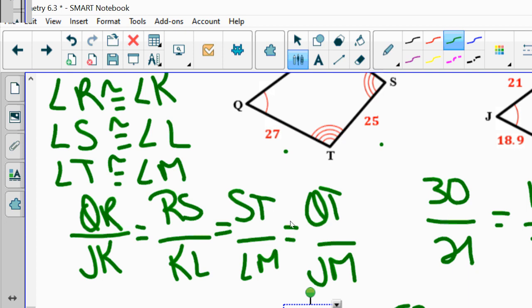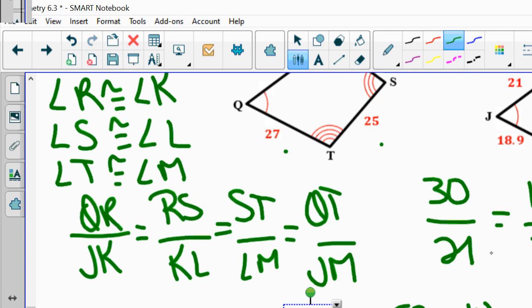Biggest number they have in common is 5, so I get 10 over 7. The last one we want to do is QT, so QT is 27 over JM, 18.9. I need to get rid of the decimal 0.9, so divide by 0.9, top and bottom. When I do that, I end up with 30 over 21.